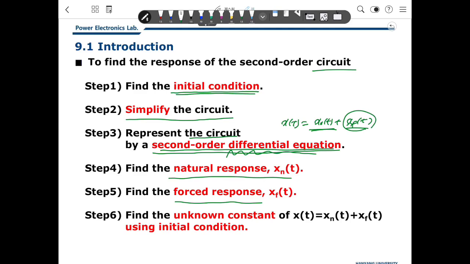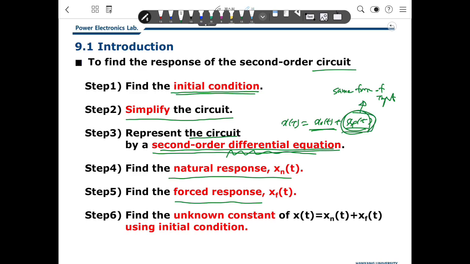Here xf is not different compared to the first order differential equation. In the first order case, xf has the same form as the input. In this second order differential equation, xf also has the same form as the input. So based on the input, we can get xf exactly.